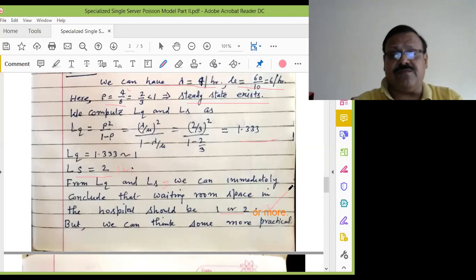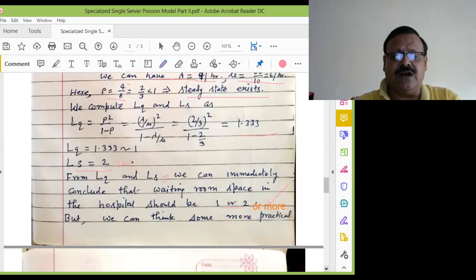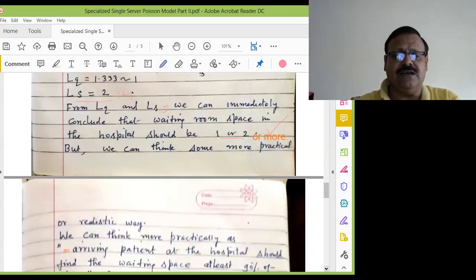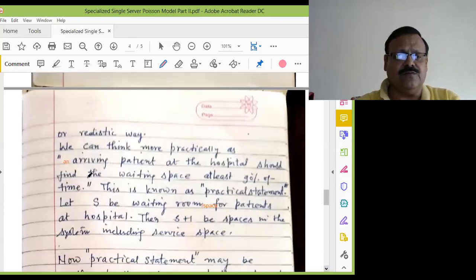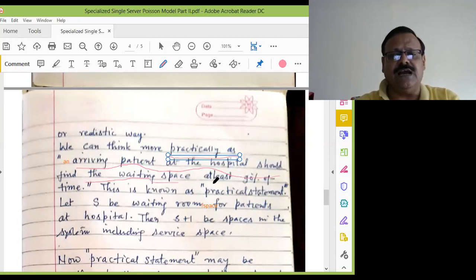But from another point of view, to become more practical and face a more realistic situation, how can we handle the same thing? How can we think as a practical man? An arriving patient at the hospital should find the waiting space at least 90% of the time.